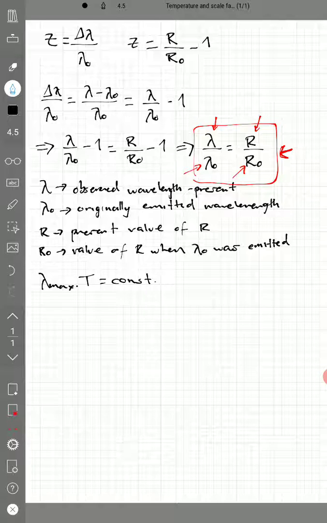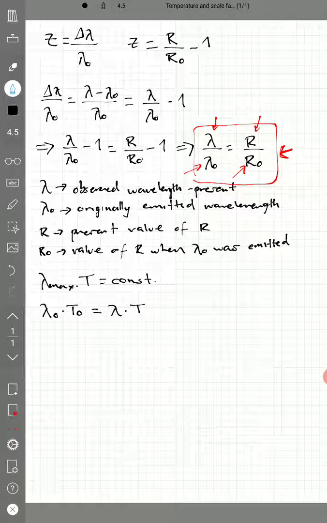So actually, if you look at the wavelength that was originally emitted times the temperature when that wavelength was emitted, that should be equal to the wavelength at present times the temperature that we get at present.